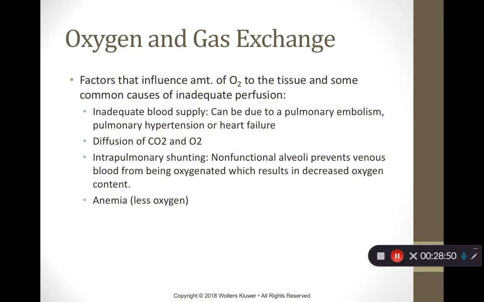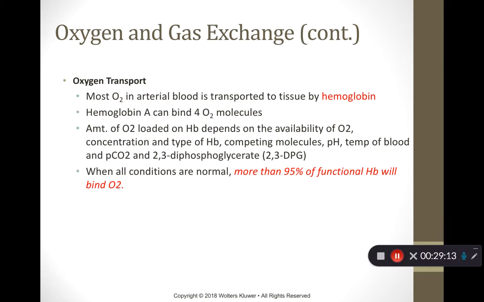Diffusion of CO2 and oxygen can also cause those imbalances in oxygen, and intrapulmonary shunting, which is non-functional alveoli that prevents venous blood from being oxygenated, which results in decreased oxygen content. Also anemia. When there is anemia, there's less oxygen present. So again, the transport of oxygen is very important.